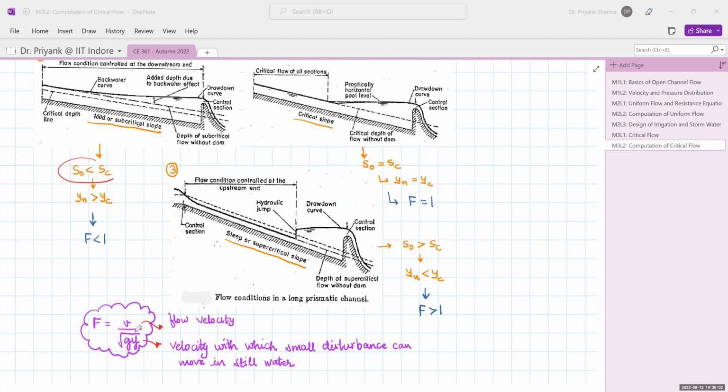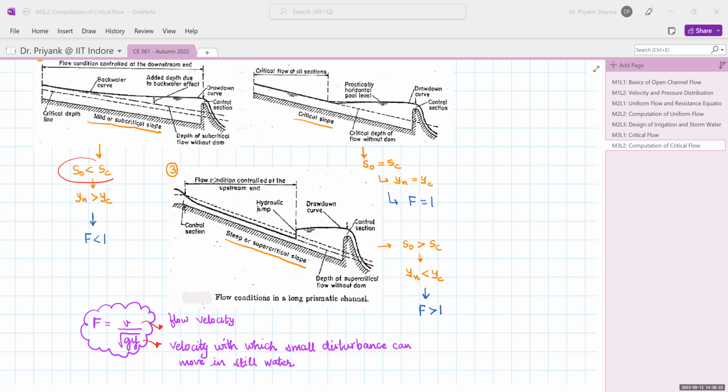The depth is large and the velocity is low. That is why the Froude number is less than 1. So when the Froude number is less than 1, any disturbance you make in the flow is able to travel upstream because your velocity is less.